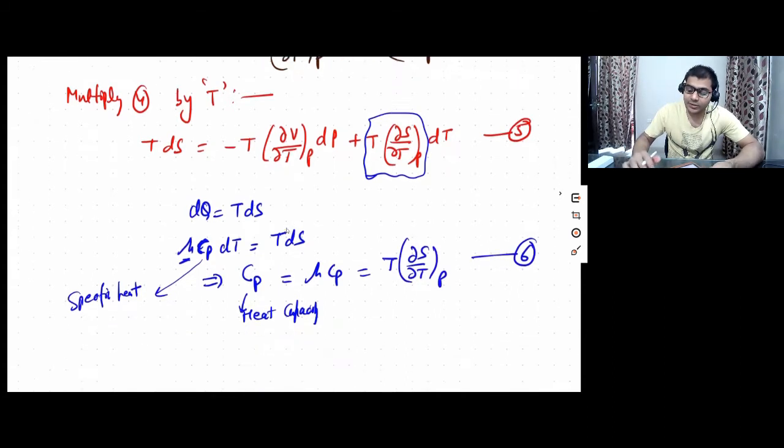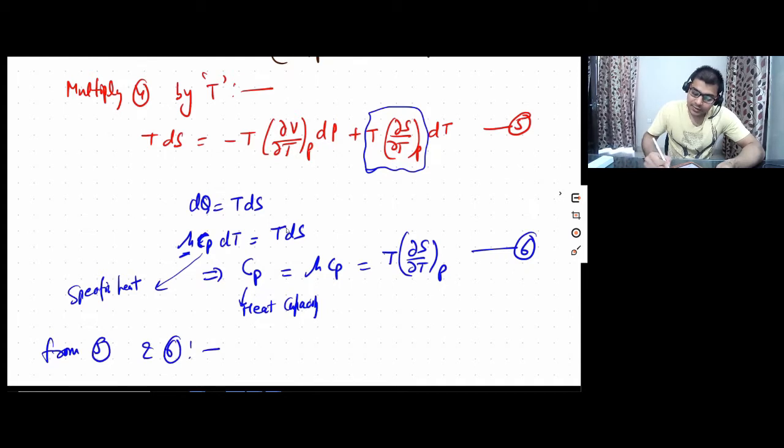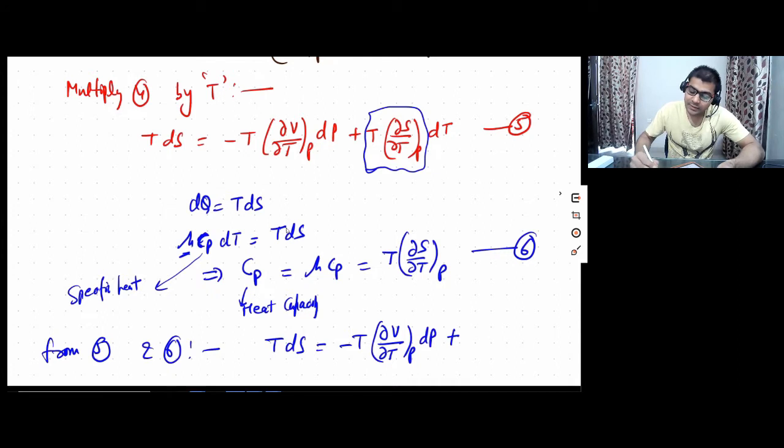So I can substitute 6 into 5. From 5 and 6, I see that TdS is equal to minus T del V by del T at constant P dP plus T times del S by del T at constant P, which is nothing but Cp.